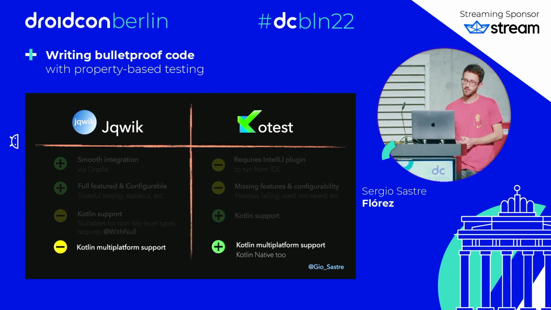And the last but not least is that jqwik does not support Kotlin multiplatform, and Kotest does, and also for PBT, if I'm not mistaken. So if you are using Kotlin multiplatform, just keep with Kotest. And as I mentioned before, a lot of features from jqwik are being copied into Kotest, so it won't be an issue in the near future.